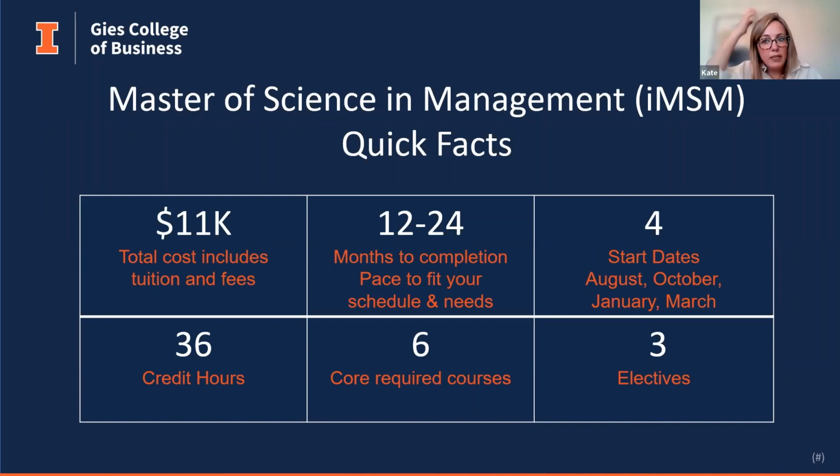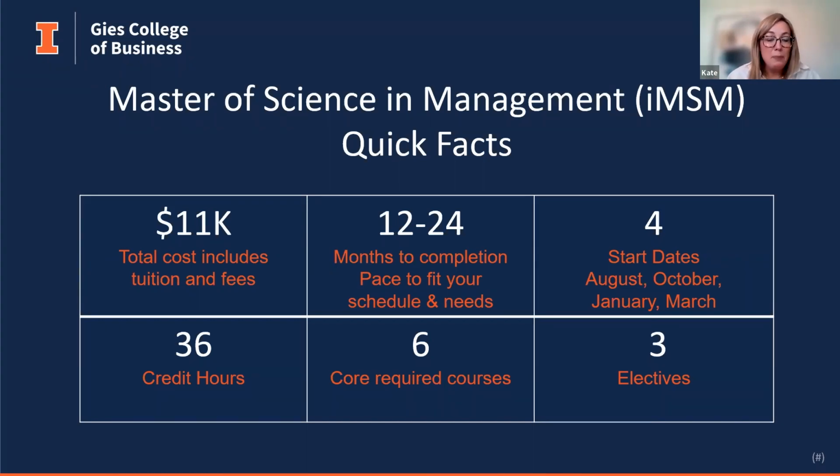This degree comes in at $11K. You can finish it in anywhere from 1 to 2 years. And it has the same flexibility as all of our programs, where you can take 1 or 2 courses each 8-week term, and that's totally paced by you, depending on what you can handle at that time. There are 5 start dates. We just added a summer start date, which I need to add to this slide.